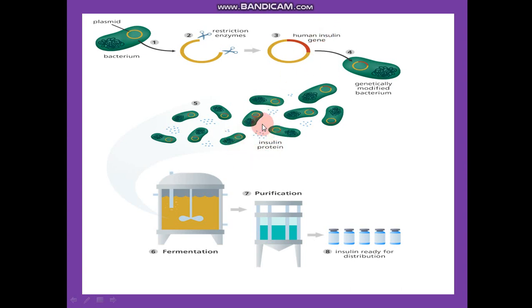Okay, so this is nothing but the production of humulin, which I taught you in innovations. Now this humulin is fermented, purified, and packaged for distribution. Okay, so this is the whole process of genetic engineering. It seems to be very easy, and of course it's easy also.